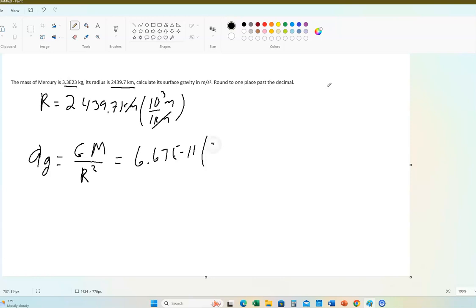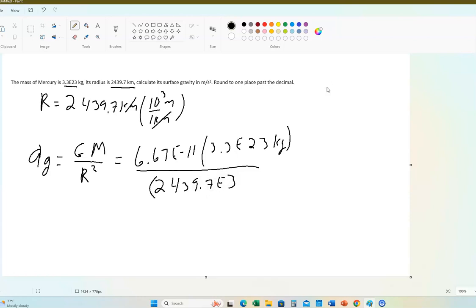The mass of Mercury is 3.3 times 10 to the 23rd kilograms. And that's correct. All right. So it's got to be in kilograms, divided by 2439.7E3. But remember, of course that's meters, and then you square that.